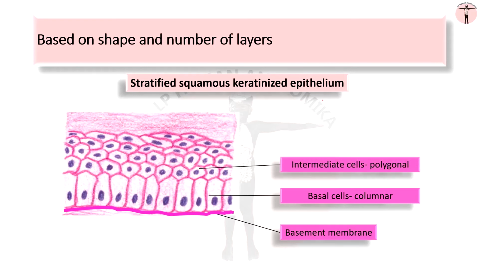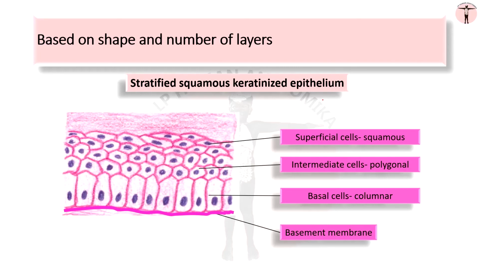The cells in the intermediate layer, which is superficial to the basal layer, are polygonal in shape. These polygonal cells, as they reach the superficial layer, gradually flatten, and their nuclei become flat.